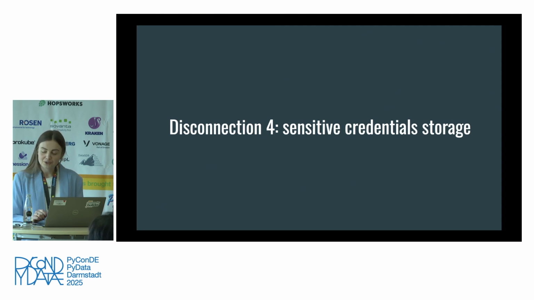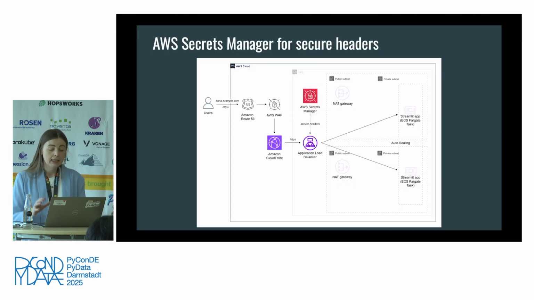The last disconnection we will discuss today is how to store credentials securely using AWS. In our architecture, you may have noticed that we are using AWS Secrets Manager. In that case, it is used to store secure headers. Amazon CloudFront uses these headers to communicate with the application load balancer.